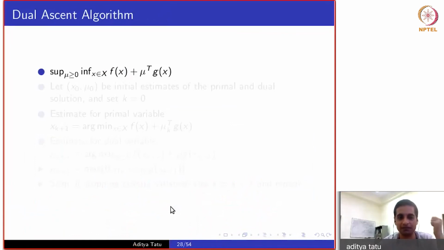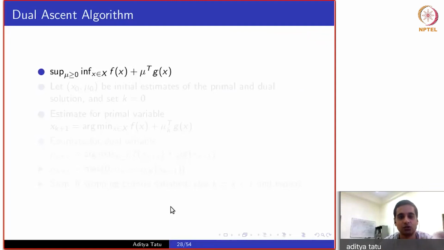One of the most primitive algorithms that is used is called dual ascent. What it does is, instead of one constrained optimization problem, I now have two almost unconstrained optimization problems. Almost because there is a small constraint on mu that it has to be non-negative. But apart from that, I have removed all constraints.